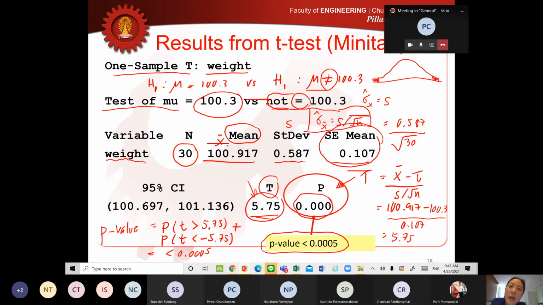And because Minitab shows only 3 digits, 1, 2, 3, we know that the fourth digit will be some number less than 5, so that it rounds down to 0.000.